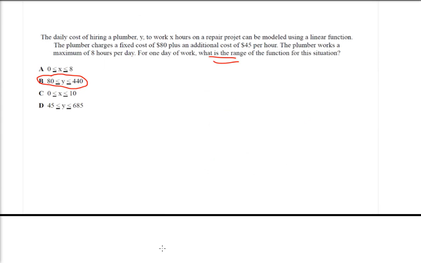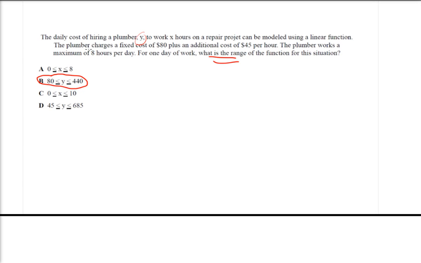Okay, so number 19: the daily cost of hiring a plumber, that's the y, how much it costs to work x hours on a repair project, can be modeled using a linear function. The plumber charges a fixed $80 plus $45 per hour.